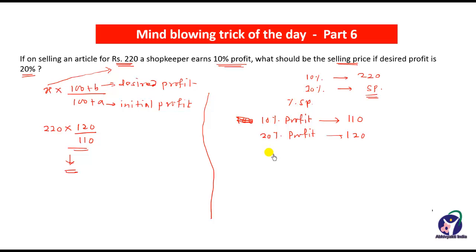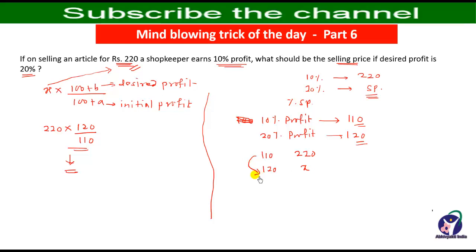So when the percent selling price is 110 rupees, the selling price is 220 rupees. And when the percent selling price is 120 rupees, what will be its selling price? Now here the percent selling price is increased, then the selling price too will increase, and therefore this is the direct variation.